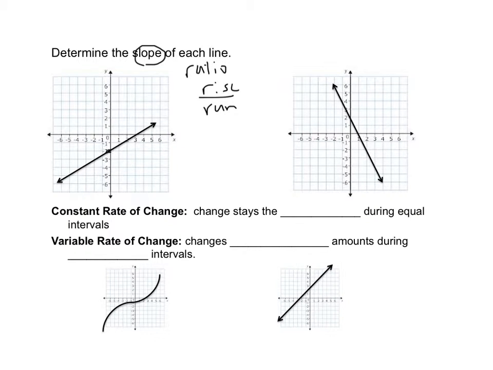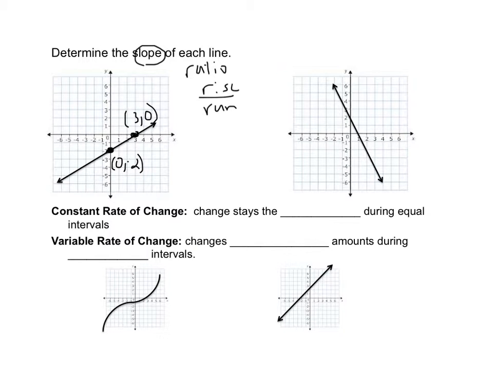So for example, there's a point here, and there's also a point right here. So our first point, reading left to right, is (0, -2). And then our second point that we're using is (3, 0). So what we're going to do is read our rise to our run. So how much is the line going up, and how much is it running or going horizontally from left to right.